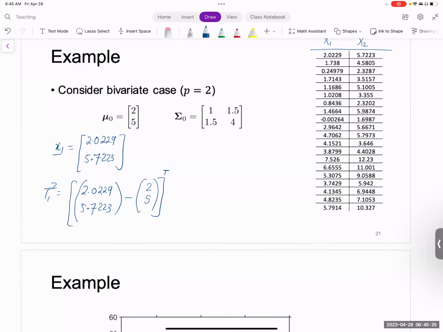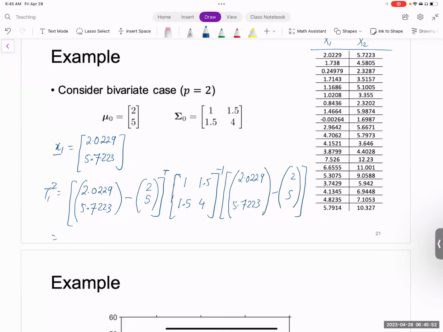Take the transpose of this, and then you have your matrix 1, 0.4, 1.5, 1.5. Take the inverse of this matrix, and then finally you have your 2.0229, 5.7223 minus 2, 5.